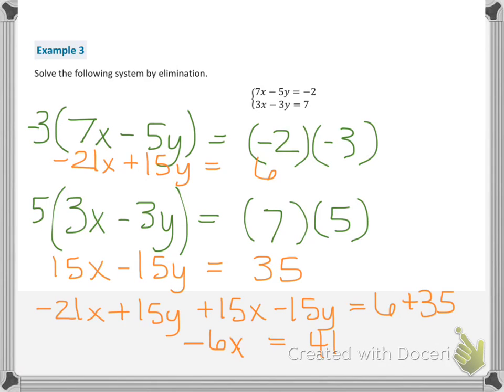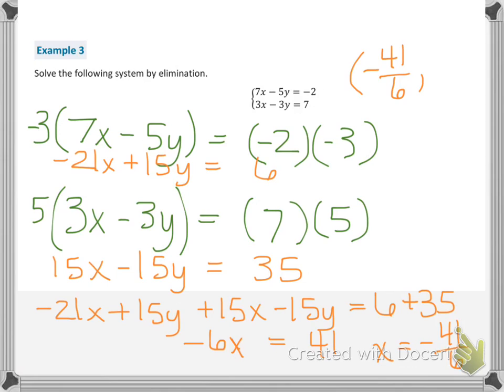And so x would be equal to negative 41 divided by 6. Okay, and again, I'd come up here, and this would give me negative 41/6.